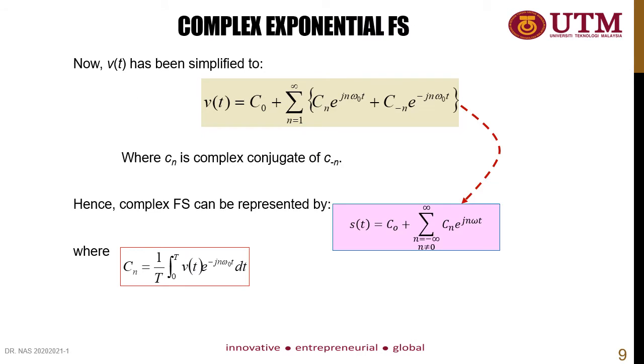Okay, so from the table you will have a specific equation for the coefficients C0 and Cn based on the shape of the signal, and the equation can be further simplified into this form.